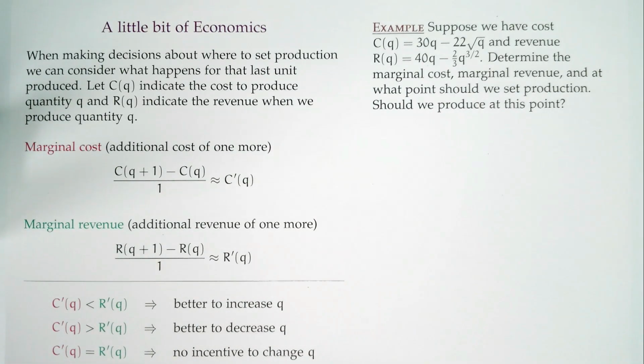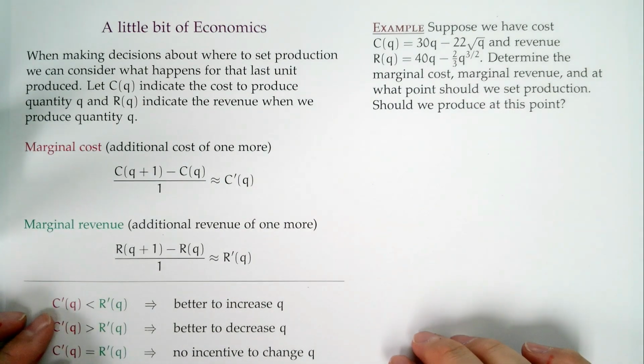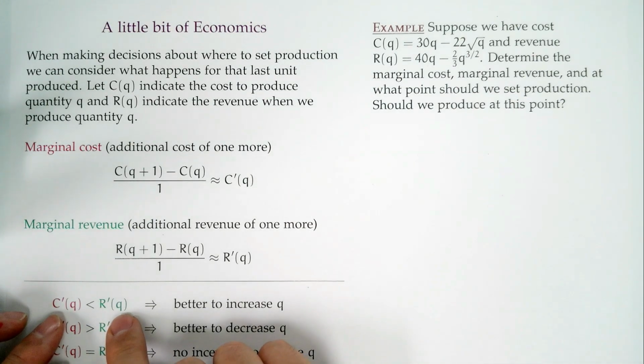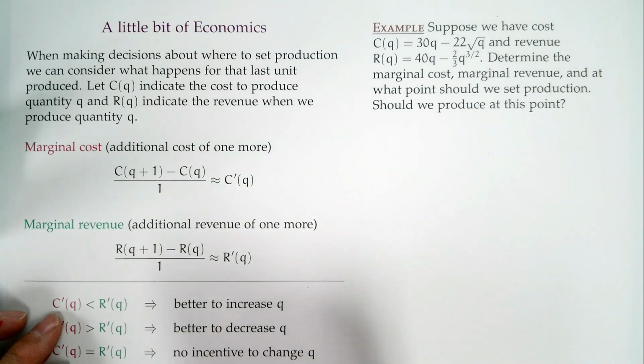All right, well, now, where do we produce? When we think about the last unit, a couple of things could be true. The marginal cost could be below the marginal revenue, which means that if we produce one more unit, it would cost less than the amount of money we get. In other words, that's a good unit.